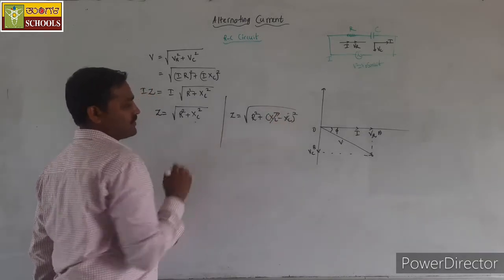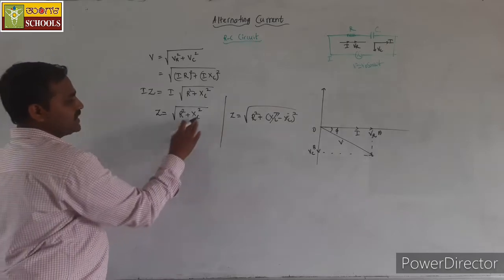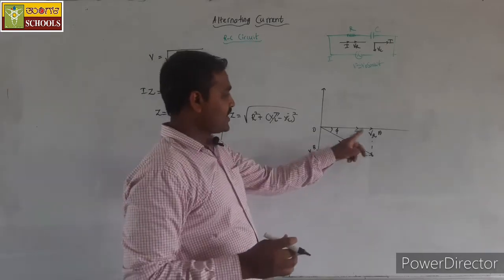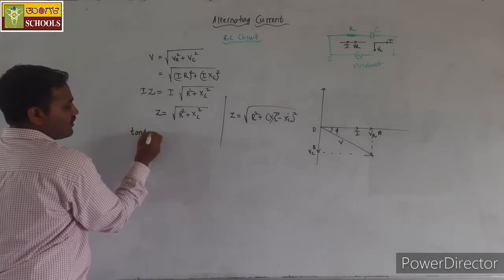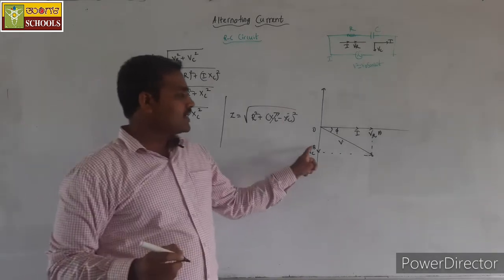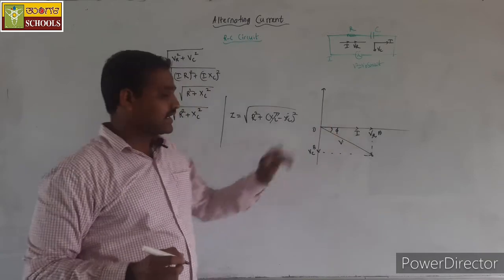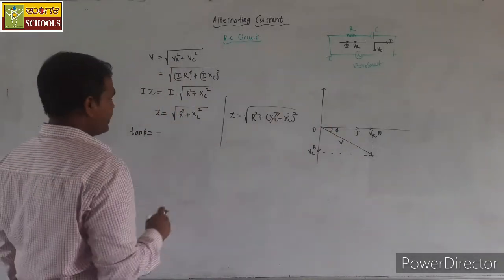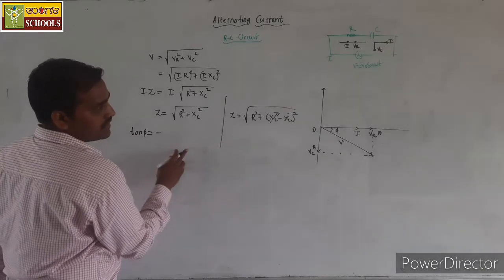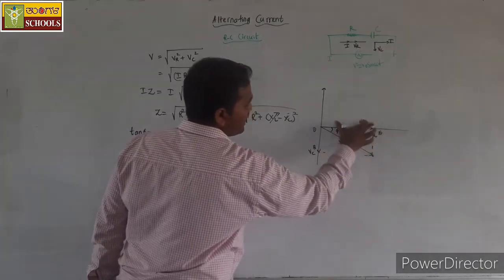Then for the phase angle I can write tan phi is equal to, since the voltage is lagging the current by 90 degrees, to show that I will write it with a minus. The angle is on the negative side. So tan phi is equal to what? That is opposite side by adjacent side.